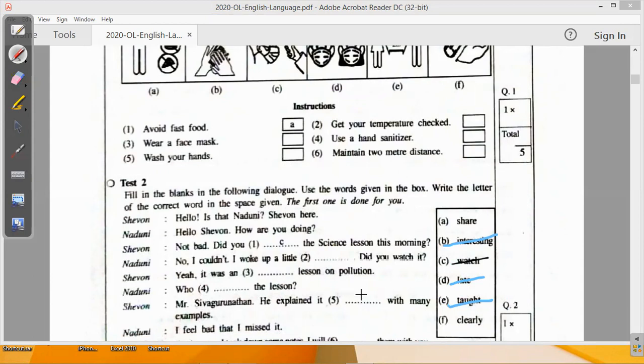He explained it. Now there's another video in my YouTube channel. There's something called adverbs. Adverb is a word that explains you how the verb is done, right? How the doer is doing the verb. So what he has done here is he explained it, and it has to be an adverb somewhere here.